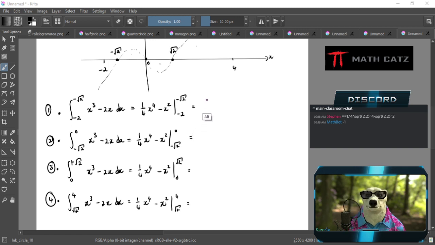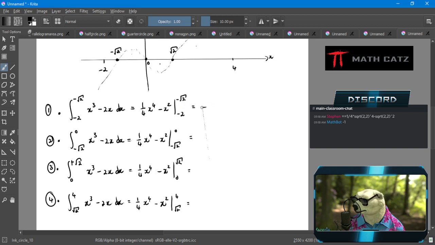So I'm going to do plug in the top minus plug in the bottom, just so you have a more broken up version. When I plug in the top boundary value, I get a minus 1. Then I still have to subtract what I get when I plug in the bottom one.